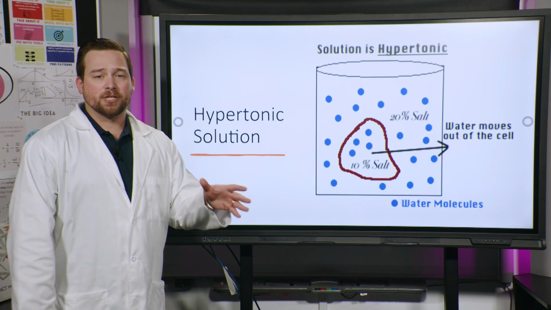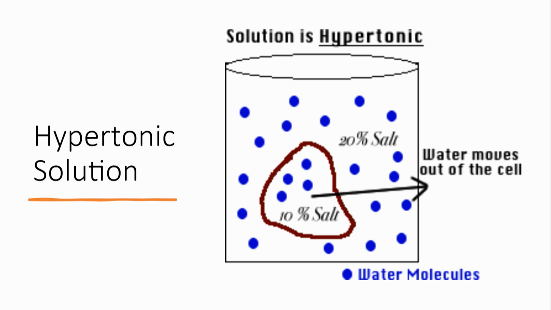Okay? So here's kind of a picture of that. So now the solution is 20% salt, the cell is 10% salt. What's going to happen is the water that's inside of that cell is going to leave the cell, move into the solution that it's inside of. Remember, water always moves towards high solute. So there's more solute outside of the cell, the water's going to leave, and that's going to make these cells shrink a little bit.